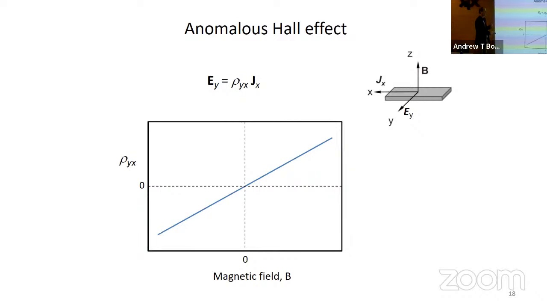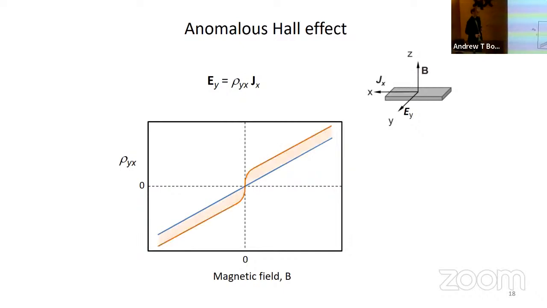So this is a standard Hall effect, and it's described by an equation here. Electric field in, say, the y direction is equal to some coefficient rho yx times the current in the x direction. And what that gives you typically in a metal or a semiconductor is a linear variation of this resistivity coefficient with magnetic field.